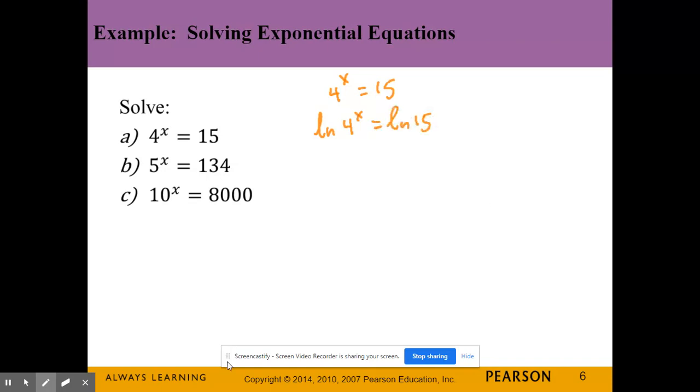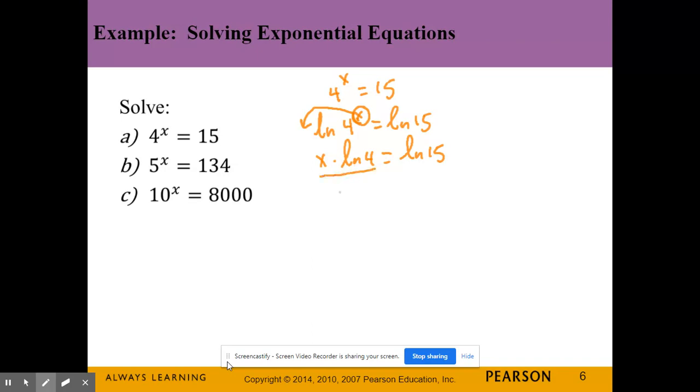What we're going to use now is the power property that we learned in a previous lesson. So that x that we're trying to solve for, I'm using the power property. An exponent on the inside becomes multiplication on the outside. So now x times natural log of 4 is equal to natural log of 15.